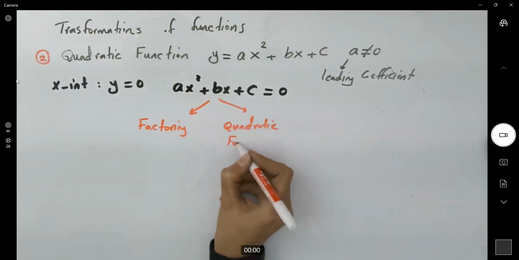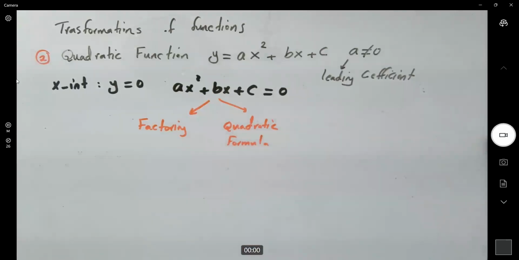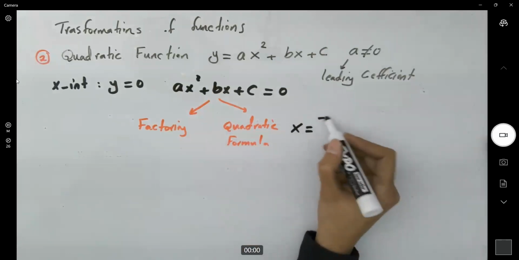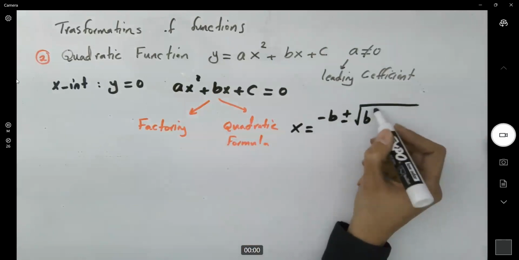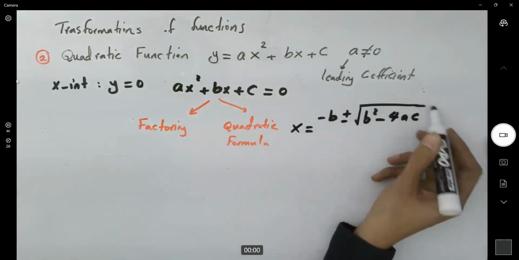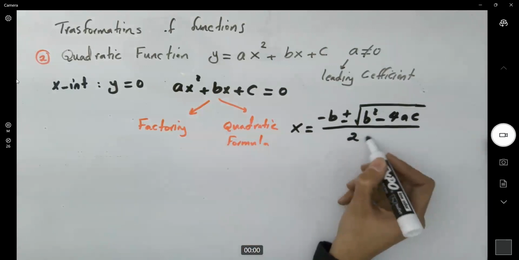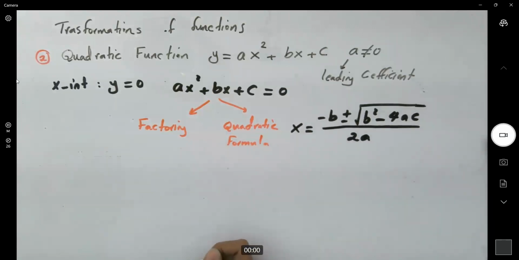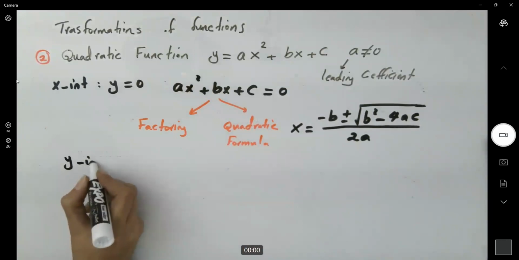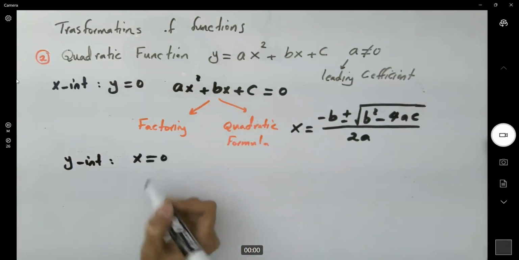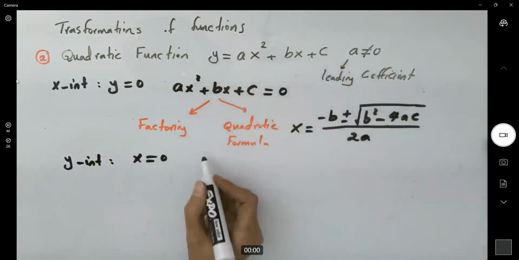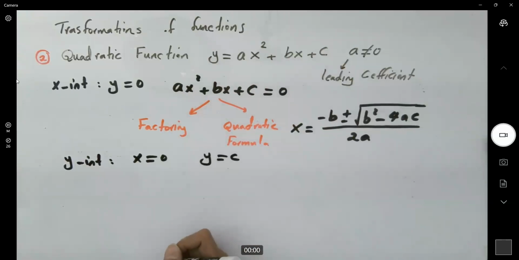The quadratic formula says x is equal to negative b plus or minus the square root of b squared minus 4ac, divided by 2a. To find the y-intercept, we set x equal to 0 and y becomes c.